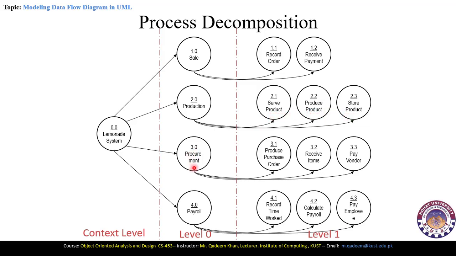The procurement process is split into produce purchase orders, receive items, and pay vendor processes. Also, we have the payroll, which is divided into record time work, calculate payroll, and pay employees sub-processes. So this is the context level, this is level 0 and level 1. Sometimes this is called level 0, level 1 and level 3 in many other books.